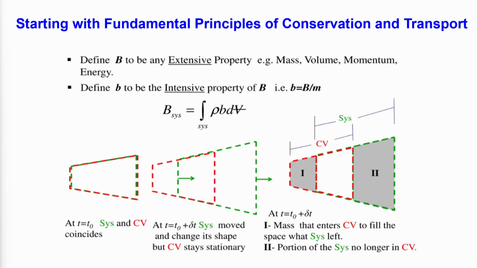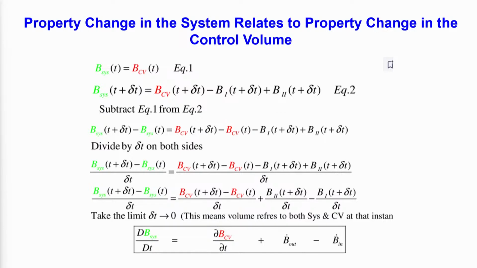What we are trying to do is to see the change in property in the system, how it relates to a change in property in the control volume. The property of the system at time t is the same as that in the control volume.